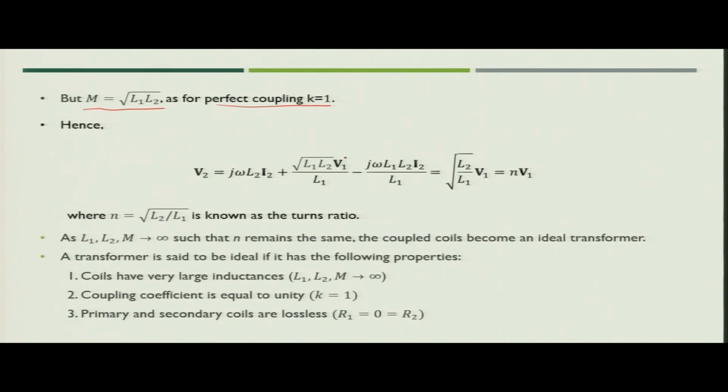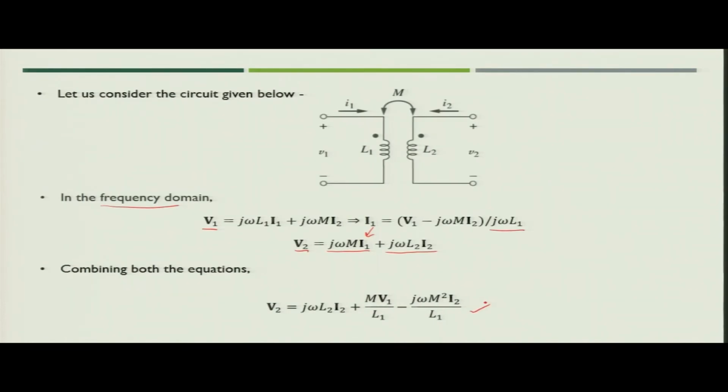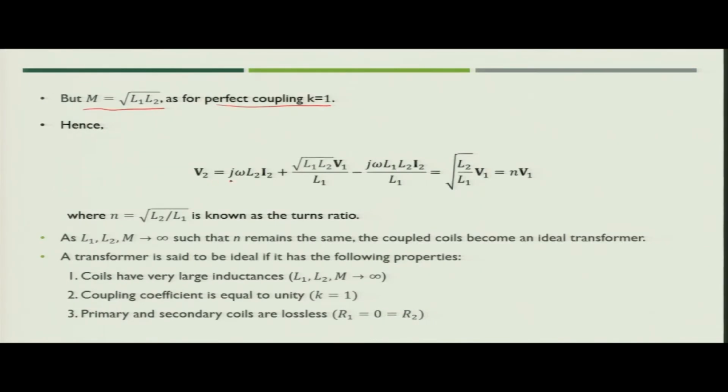Now, this value we will put in the previous equation, and when we simplify, we get V2 is equal to j omega L2 I2 plus root of L1 L2 in place of M into V1 divided by L1 minus j omega L1 L2 I2 by L1. So, when you simplify, you get the value as V2 equal to root of L2 by L1 into V1.